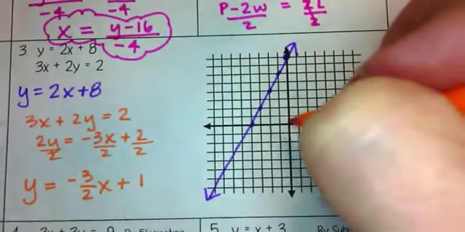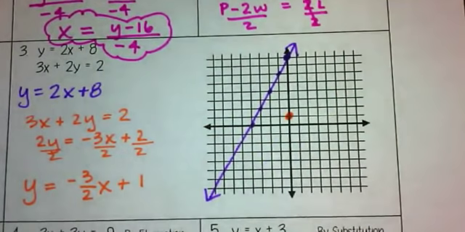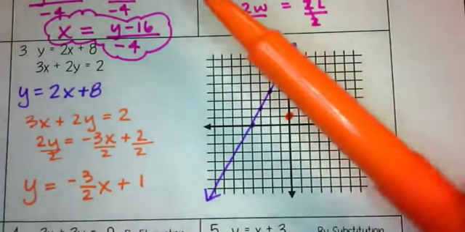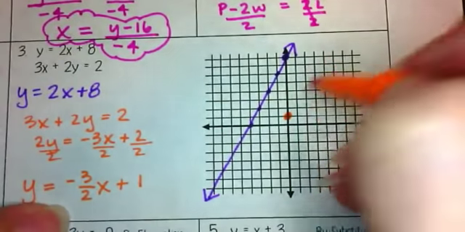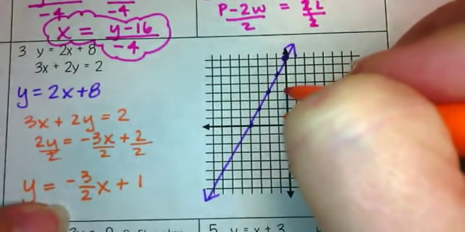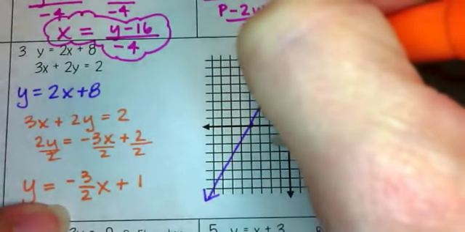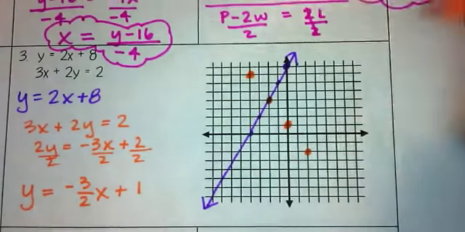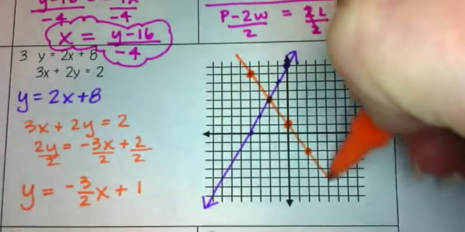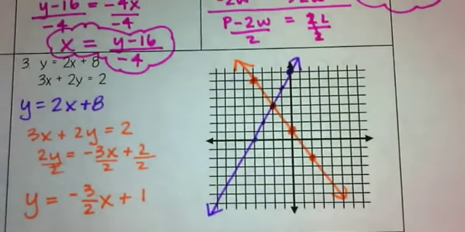For this problem, we're going to start at the 1 on the y-axis. And then our slope is negative, which means we need to head this direction. So it looks like we're going to go up 3, left 2, and it lands right there. Up 3, left 2, or we could go down 3 and right 2. But we end up with that for our line.